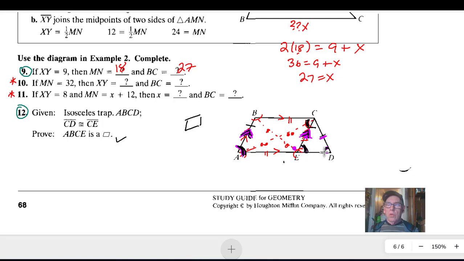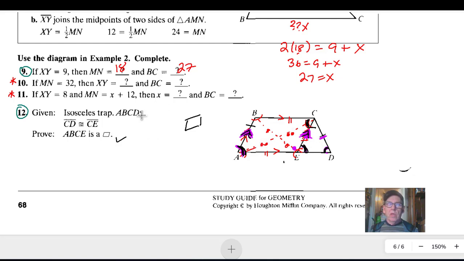And then using the base angles, because it's isosceles, as being congruent, that also gives us these sides parallel to each other because of alternate interior angles. If alternate interior angles are congruent, sides must be parallel.